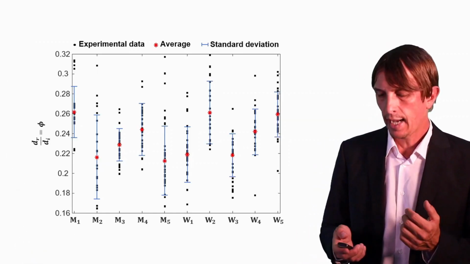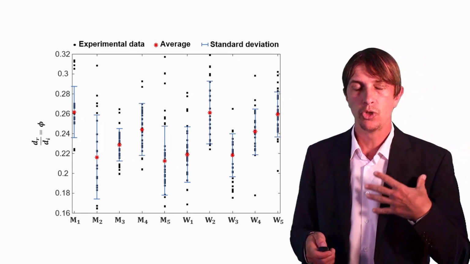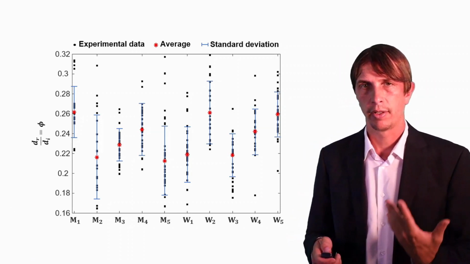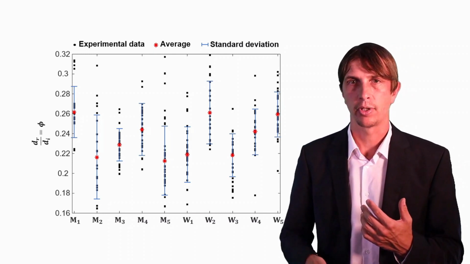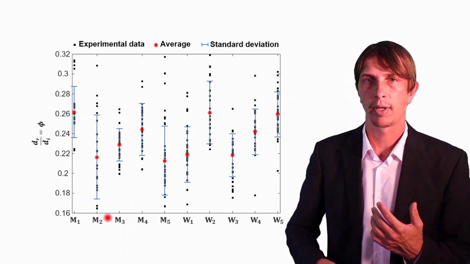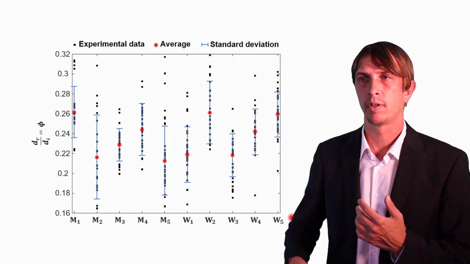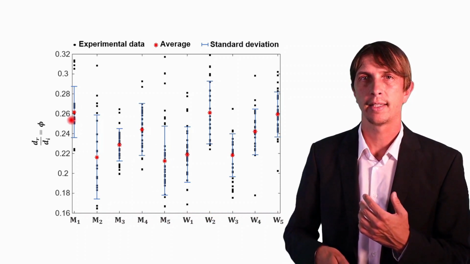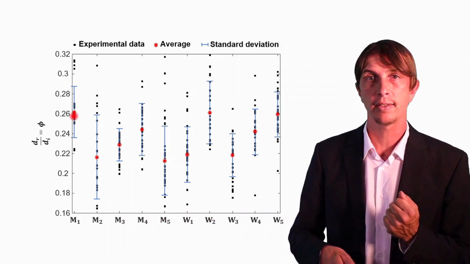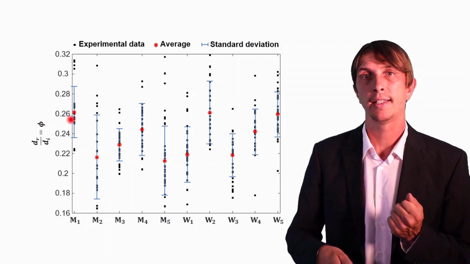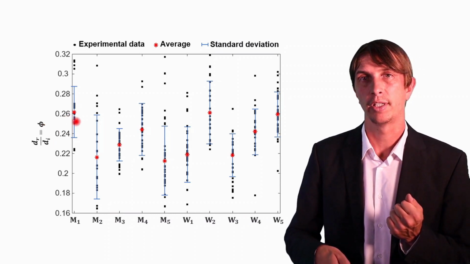So if now we do those experiments of shadowgraphy on different persons, for example, here we have 5 men and here we have 5 women, we can see that statistically the size of the residue is 26% of the size of the initial droplet.